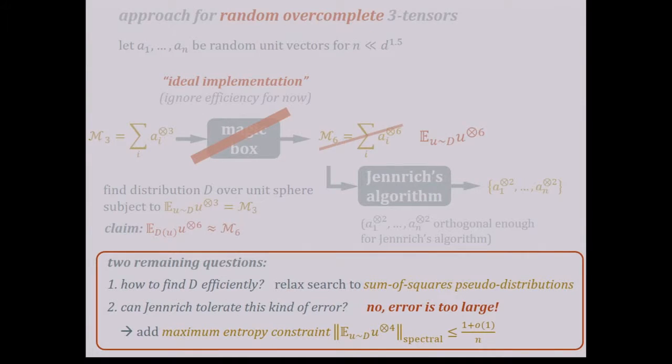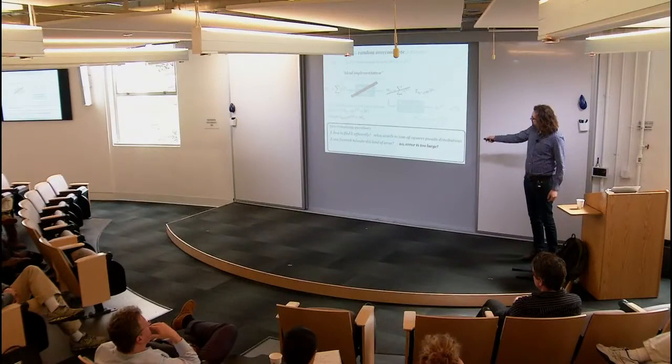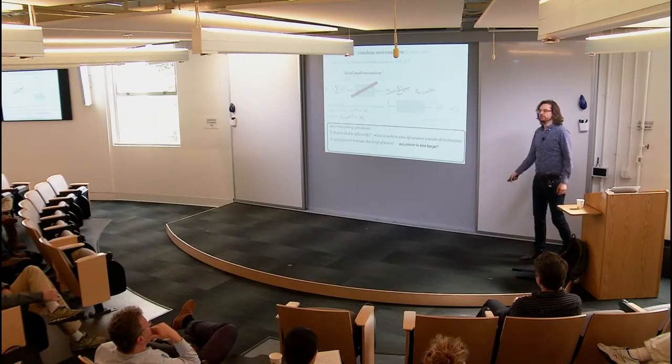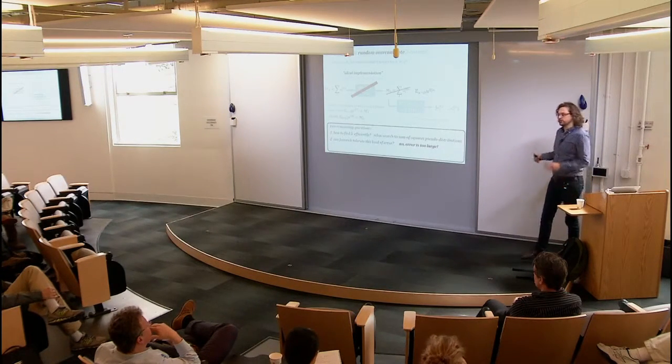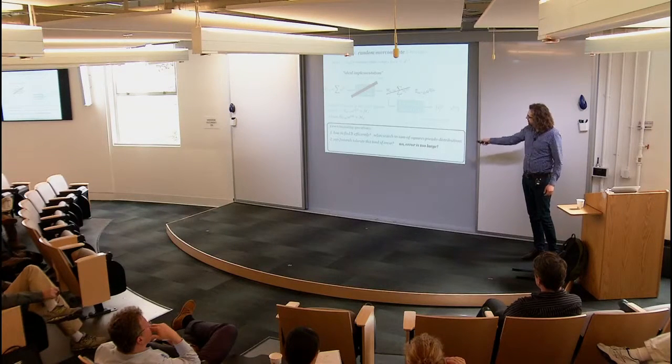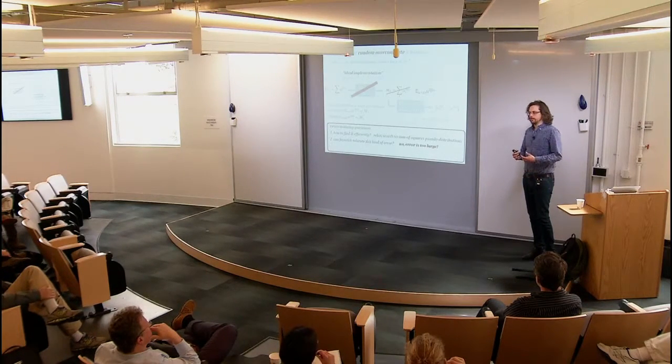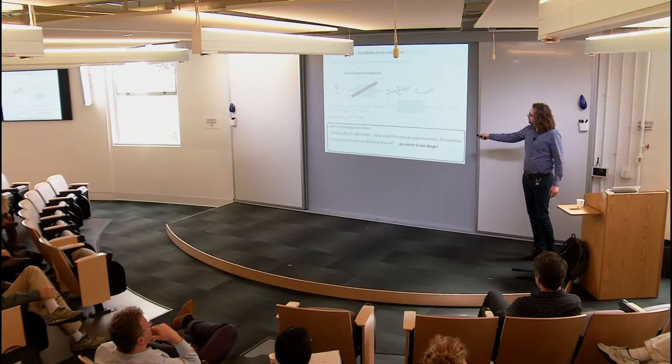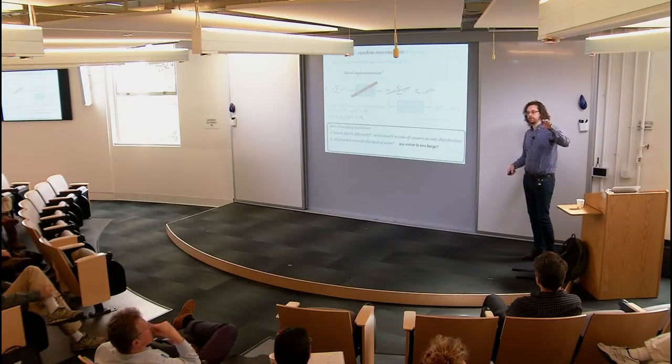David: Can there be very different distributions D that match the third moments? Yes. If I just tell you that the distribution satisfies this property, you can take, for example, the true distribution, uniform over A1 up to An, and then add some adversarial but small error to each vector Ai, and it will still satisfy the property.